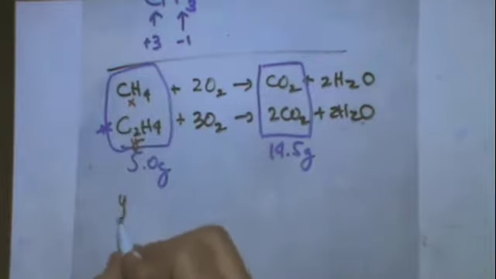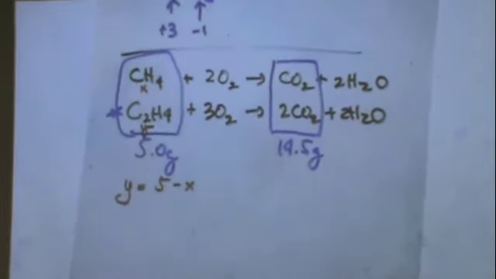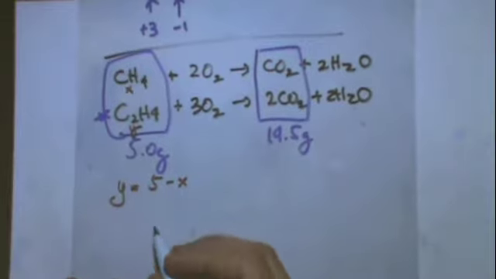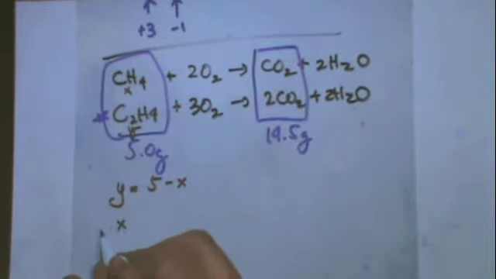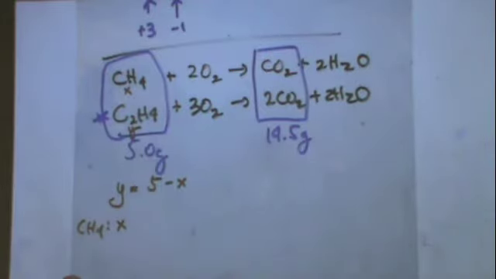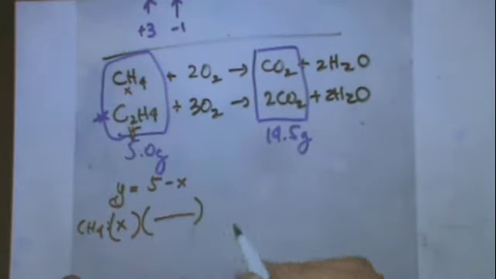So the ethylene, which is the one you want, is 5 minus X, and the methane is X. So there are X moles of CH4, or X grams, I guess. And then you can go through a little conversion process.